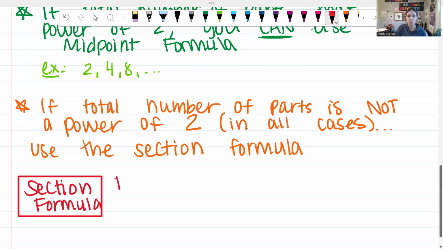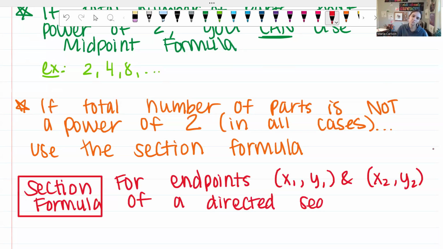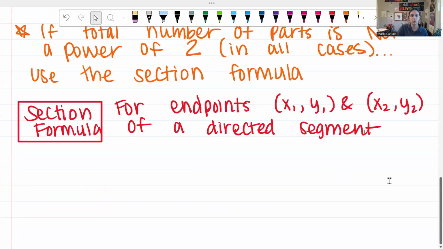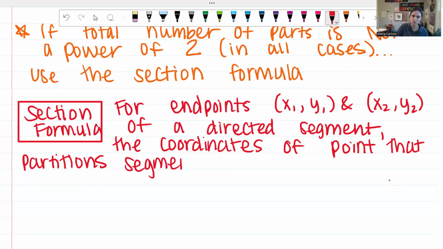So the section formula says, for endpoints x1, y1, and x2, y2 of this directed segment, the coordinates of the point that partitions the segment into a ratio of m to n.